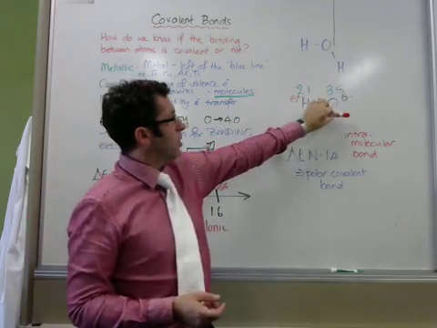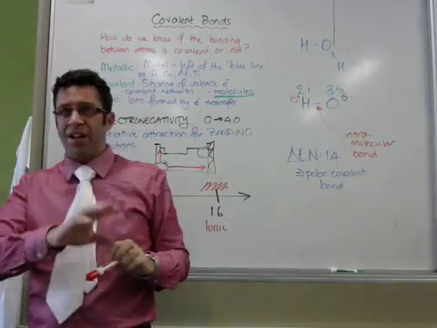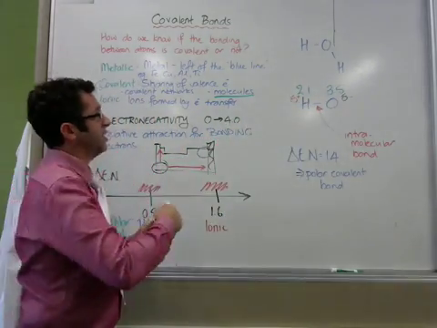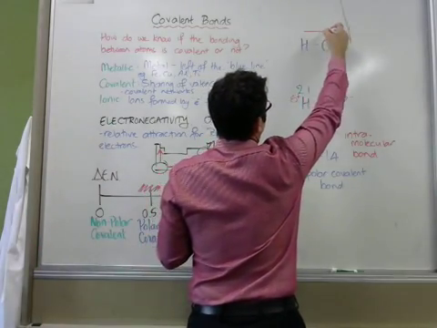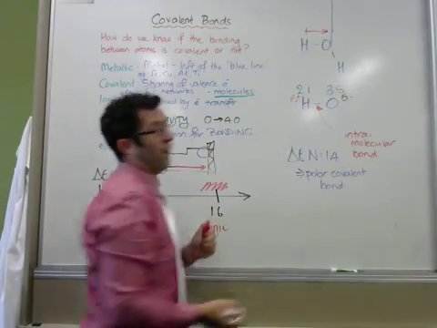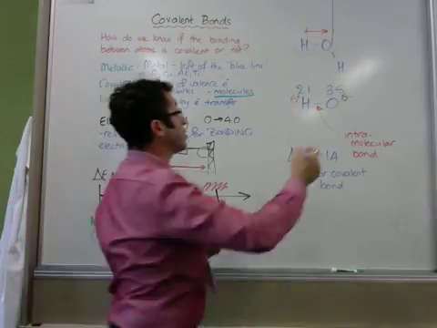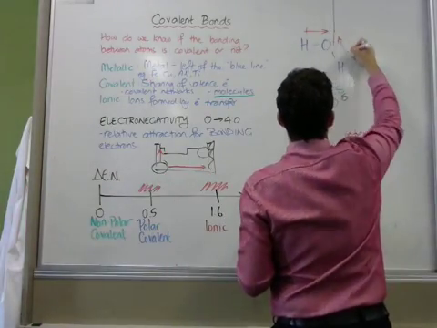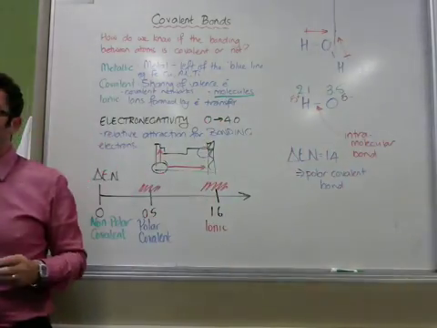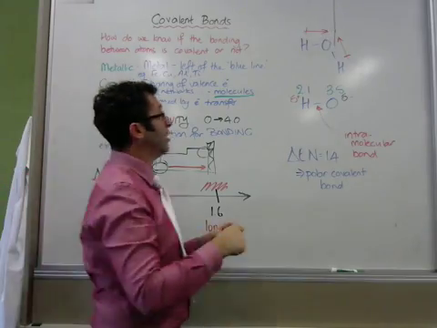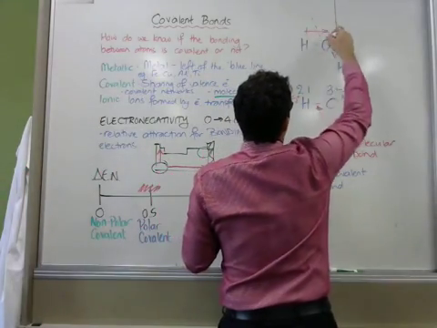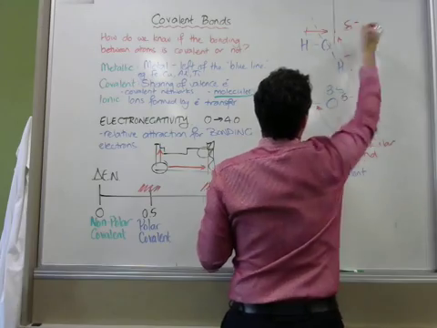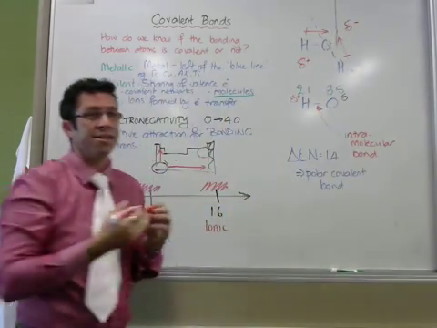So we're going to show, and this is where we're getting to in more detail in another lesson, this has got a slight negative vector going that way, and this has got a negative vector going this way, and if I add those two together, I end up realizing that this side of the molecule is delta minus and this side of the molecule is delta plus.